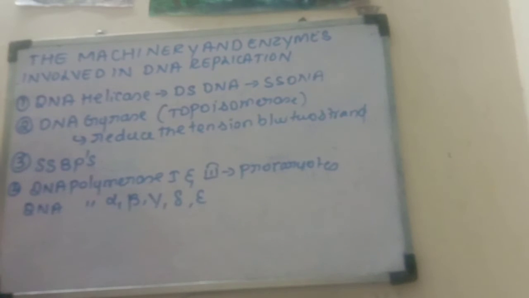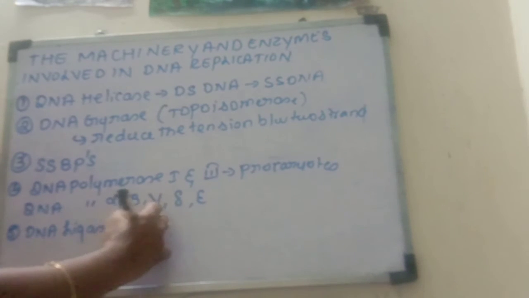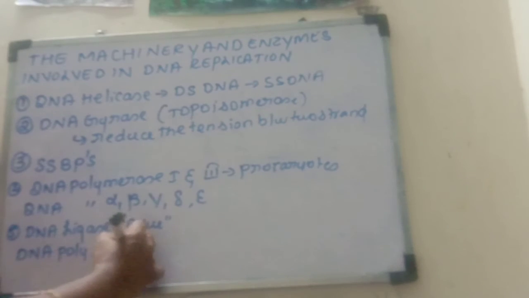The next enzyme, you know very well, is DNA ligase. Ligase is a molecular glue; wherever there is a requirement of joining, this enzyme helps. We are going to take the details of DNA polymerase 1, 2 and 3 also. DNA polymerase 2 does not play much role in replication, but it helps in the DNA repairing process.